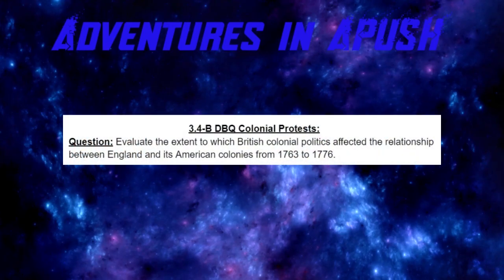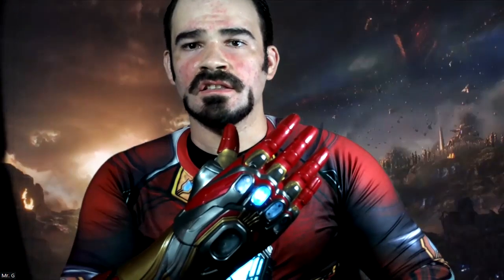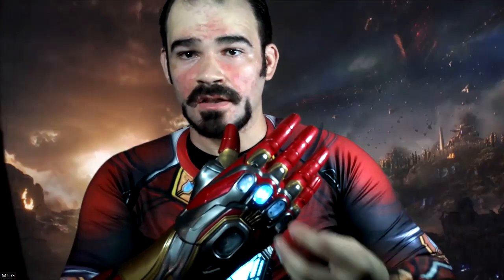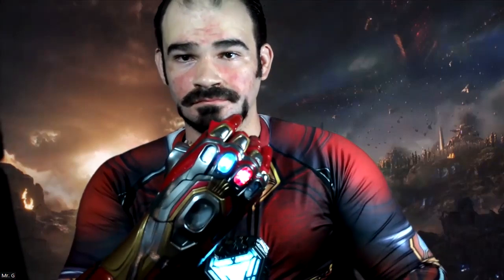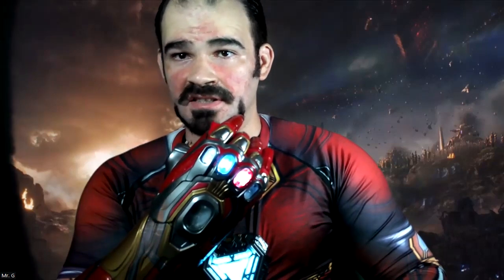Because the prompt is asking how the relationship between Britain and her colonies broke down, this document answers the prompt by showing that the Americans are trying to bring peace by kissing up to the King of England and asking him to fix the unpopular taxes. Spoiler alert, he won't. Now that we can describe this document, we control its reality. Now let's harness its power.